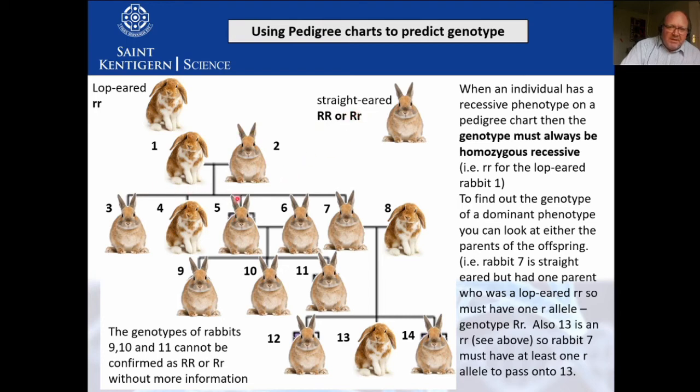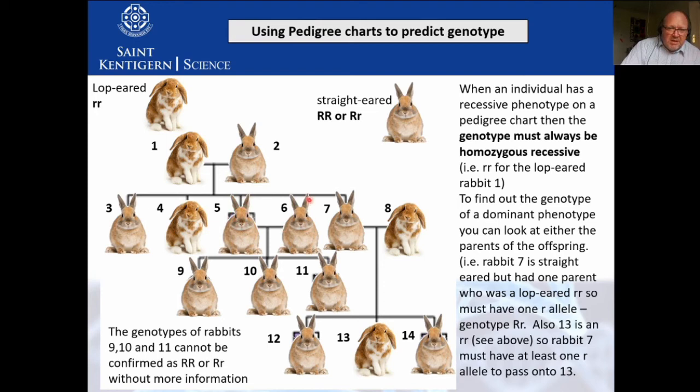Okay, and then here's a new mating that takes place. Two straight-eared. But we know that her mom could only give her a little r, and we know that the dad gave a big R. So we know that she is a heterozygote.